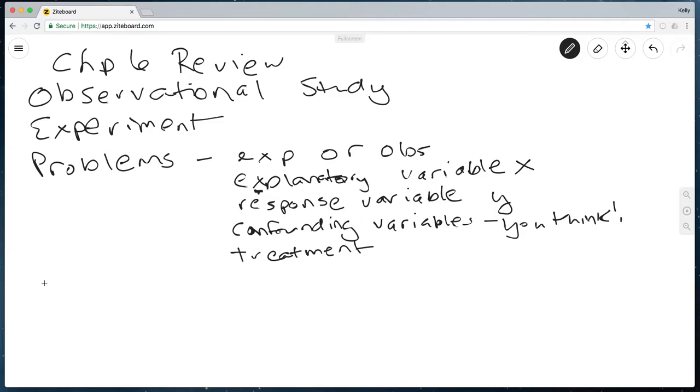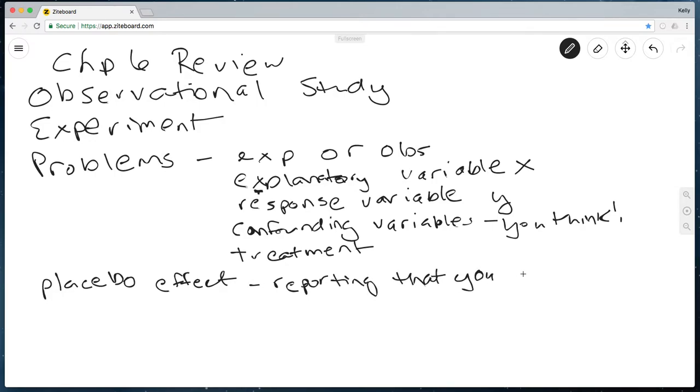Of course, you should know the placebo effect, and I think most people got this correct on the quiz. Make sure that you know that placebo is definitely a sugar pill, but the placebo effect is reporting that you feel better, even though you had the fake treatment.